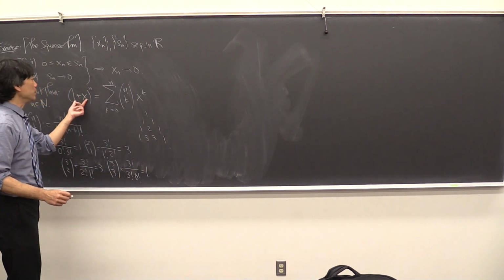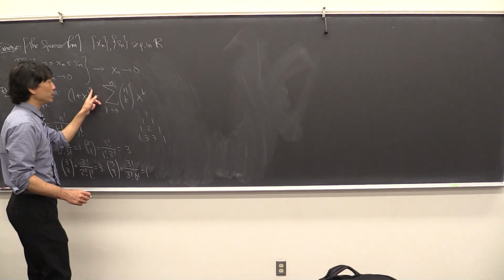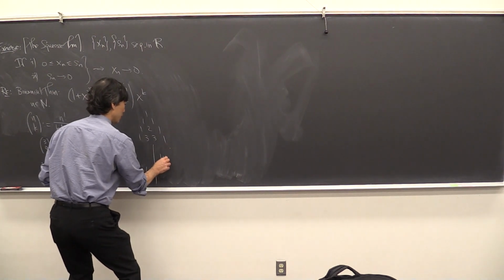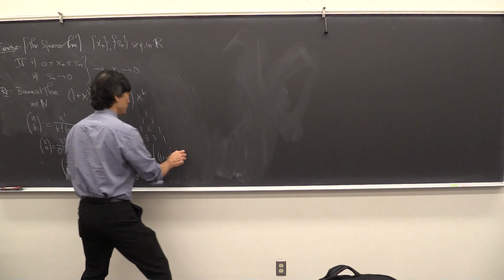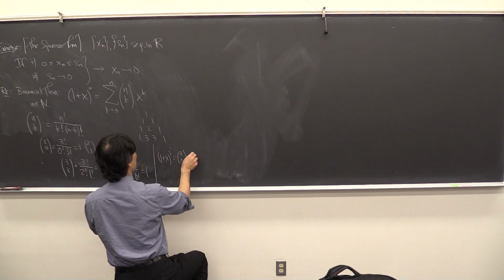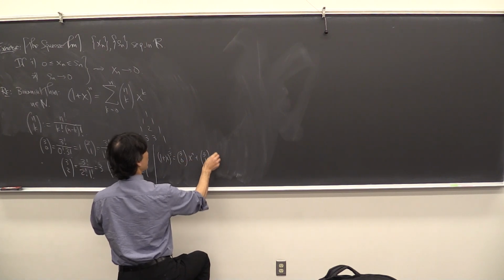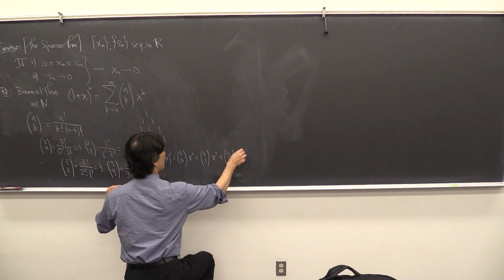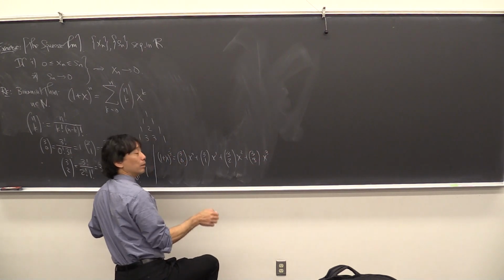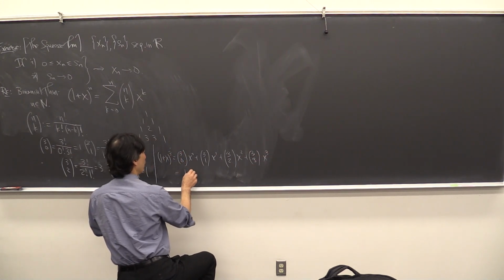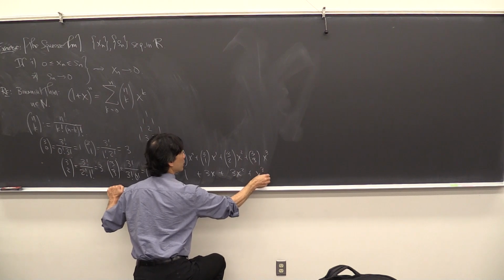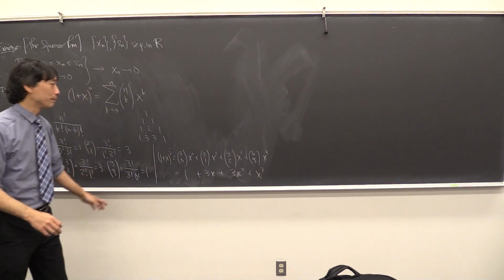If we take 1 plus x cubed, the binomial theorem says that that's going to be 3 choose 0 x to the 0 plus 3 choose 1 x to the 1 plus 3 choose 2 x squared plus 3 choose 3 x cubed, which, as we just saw, is 1 x to the 0 plus 3x plus 3x squared plus x cubed, which you recognize from Pascal's triangle.